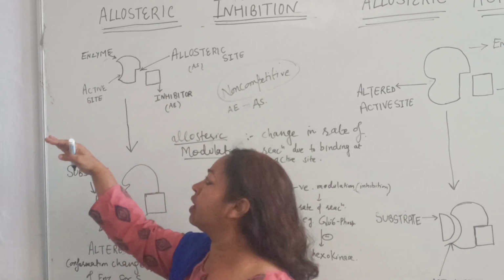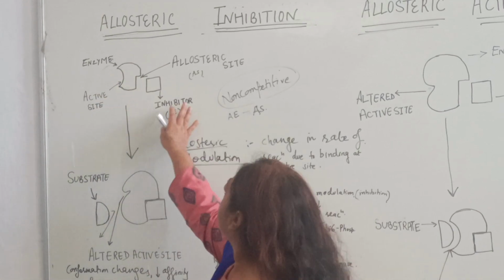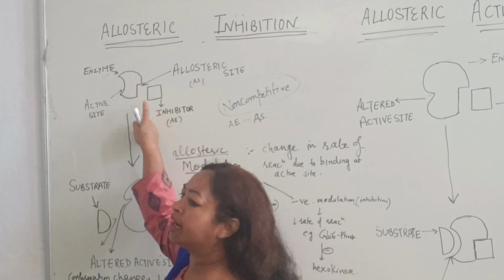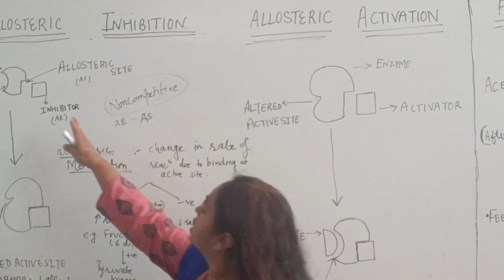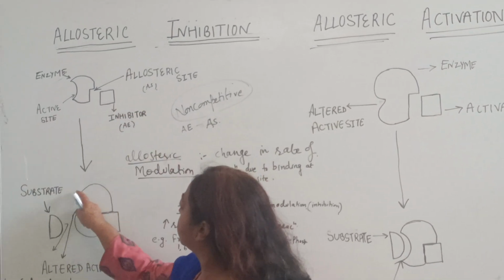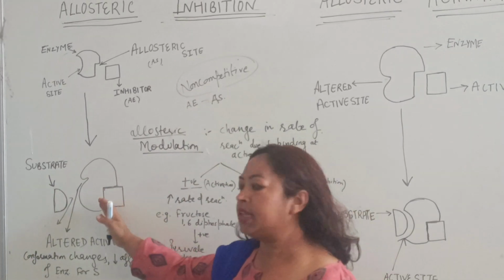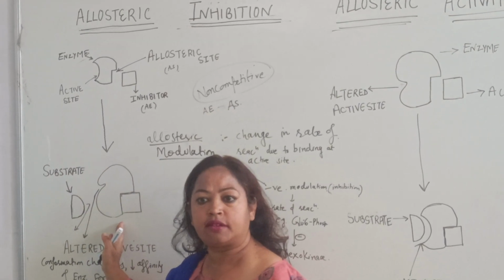Like the substrate will come here and bind, but no. The enzyme inhibitor will bind at a different site like this, and there is a change in the shape of the enzyme. So when there is a change in shape, the substrate cannot bind here, right?